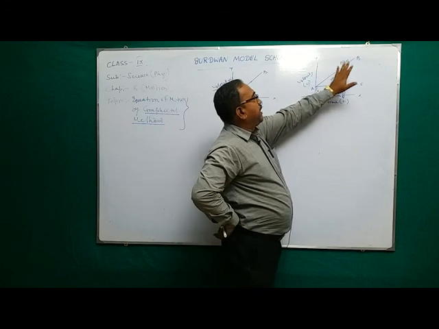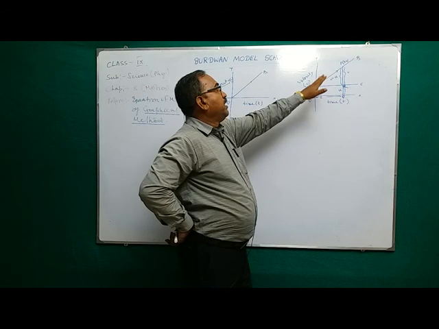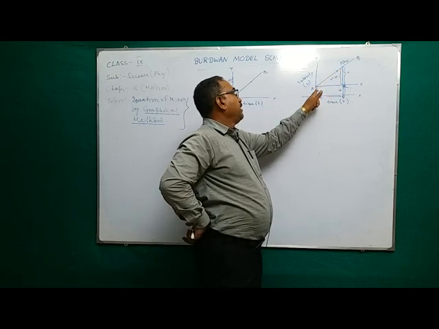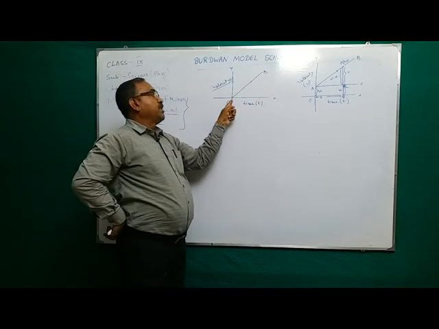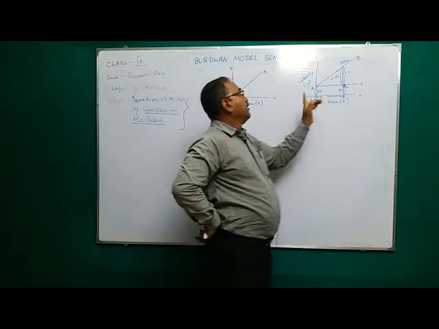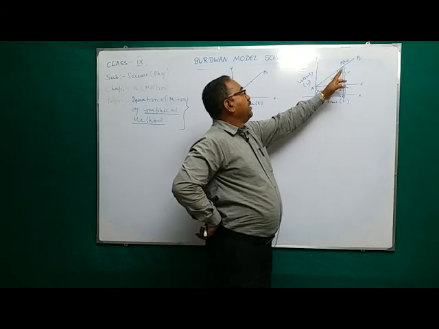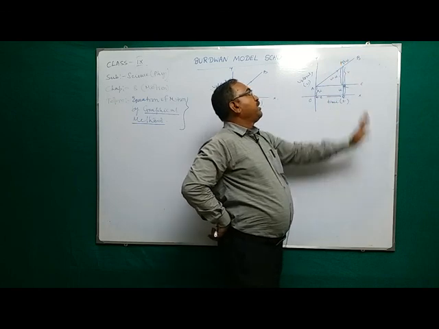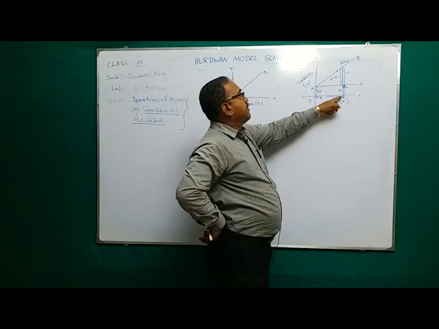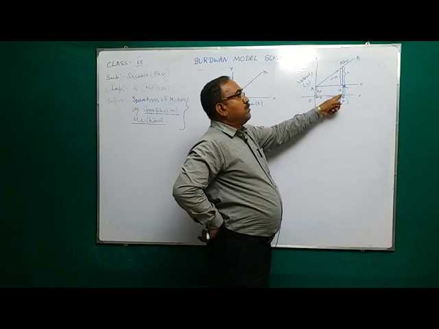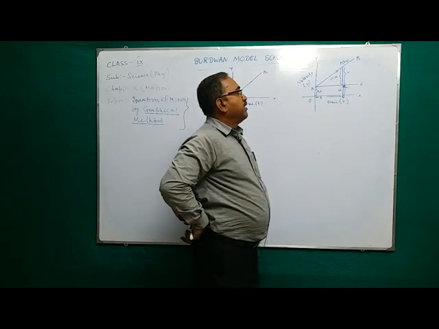AB line is straight, so this line represents uniform acceleration, starting from an initial velocity. That other line is also uniform acceleration, starting from the object at rest. Am I clear? You consider a point P on the line AB, the coordinates of this point are T, V. A perpendicular line drawn on the x-axis is PQ. According to your coordinate geometry, OQ equal to T and PQ equal to V.